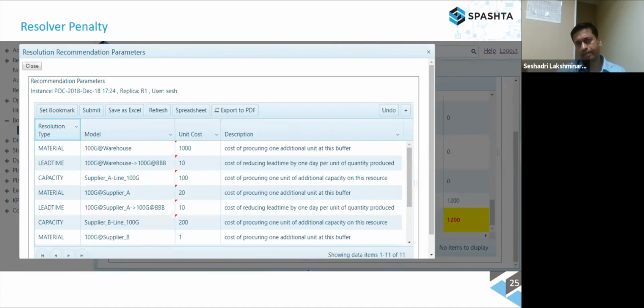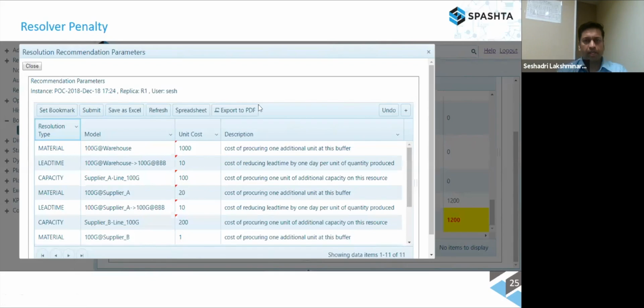They reflect the fact that if I go down this resolution mechanism, which means I'm somehow going to satisfy the demand, either getting more material from a third party, or from my standard suppliers, or expediting my transportation, then these are the costs. In this workbench, I'm just making sure that the right costs are there.